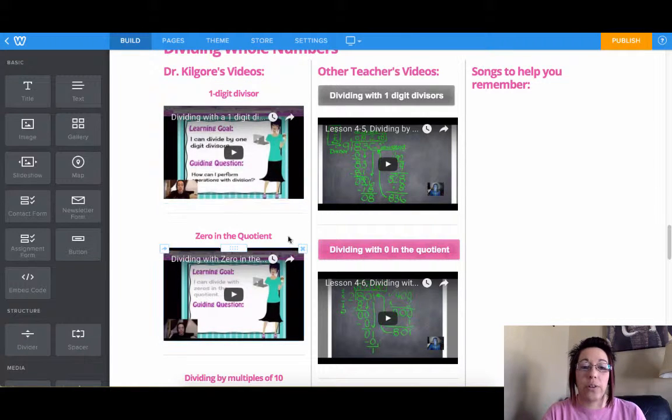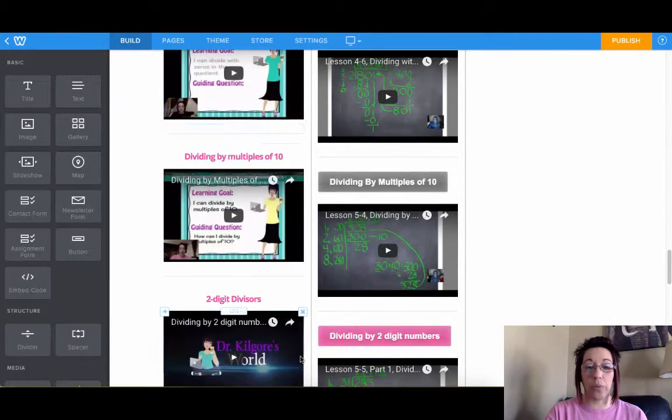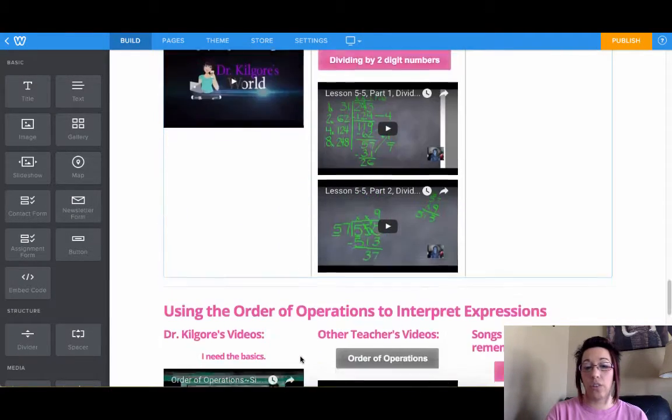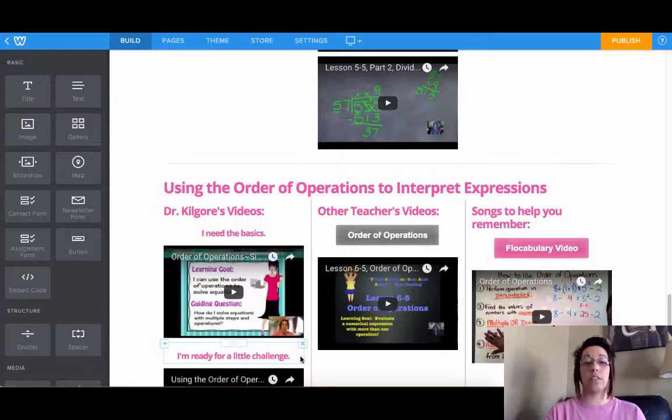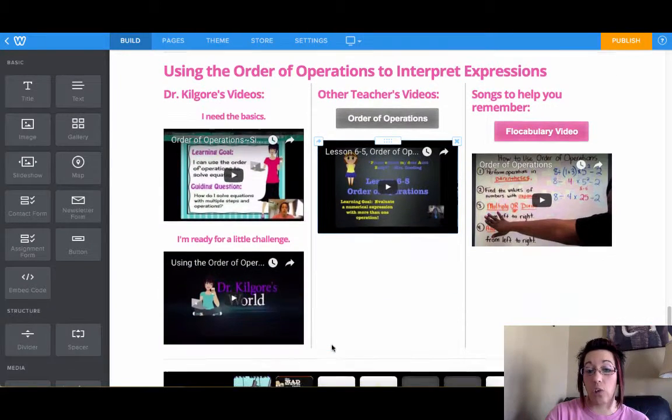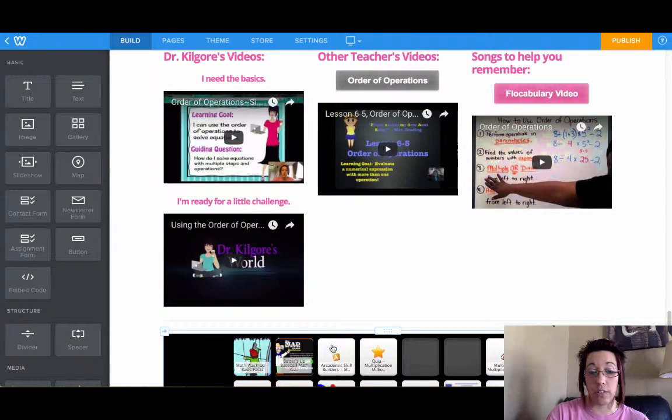I'll have other groups that really need to work on when there's a 0 in the quotient to make sure that they don't skip places. Multiples of 10, 2-digit divisors, but you can see that as I go down this page, I've broken my learning target up into chunks and really tried to differentiate my videos based on those chunks.